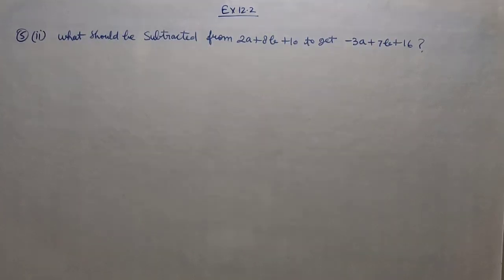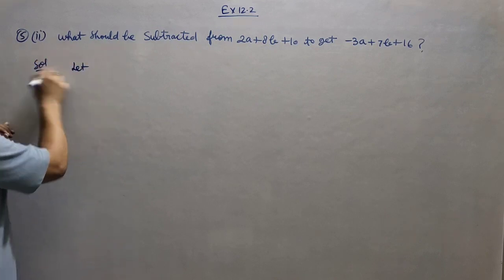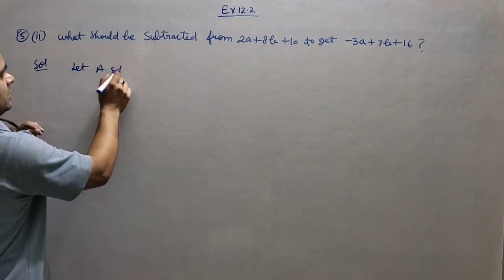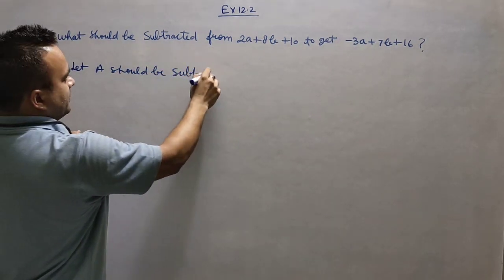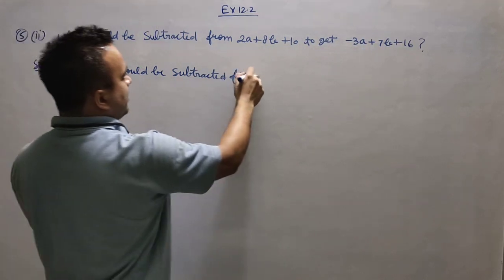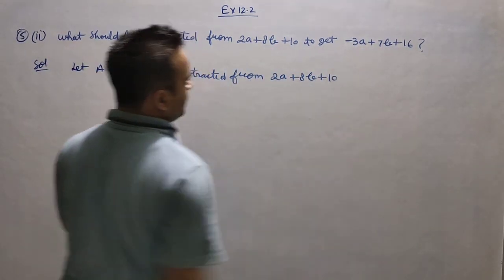What should be subtracted from 2a plus 8b plus 10 to get minus 3a plus 7b plus 16, right? So what you will do here, what should be subtracted from? So we will write here, let again a should be subtracted from 2a plus 8b plus 10, right?